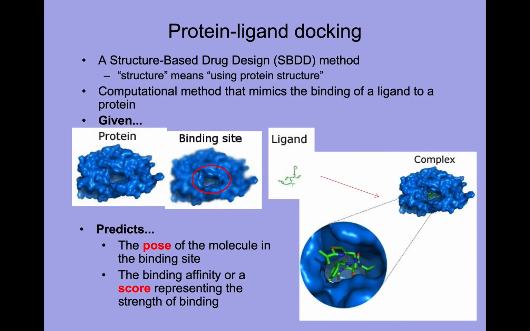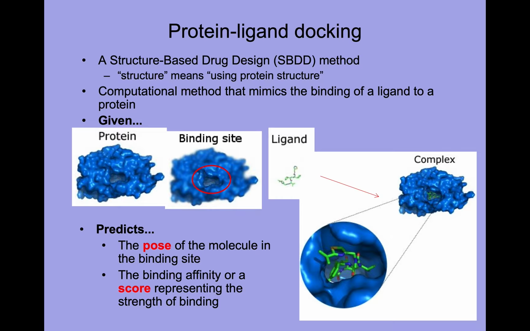We can have two cases. If we have a protein, we know the binding site of that protein. What we will do is try to make both of these, the ligand and the protein, interact at the binding site. Then we will check the interaction of the ligand and the protein at the binding site, and that is called the pose.